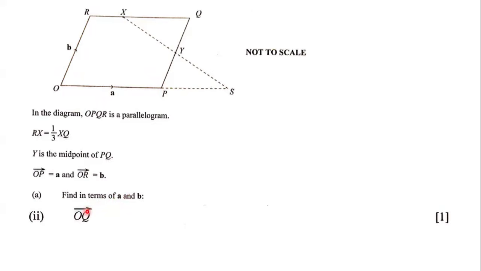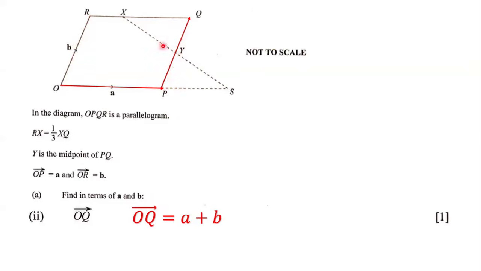Well, OQ means that we start at O and we end at Q. So that means that we're going to go from O to P and then from P to Q. Now, that gives us OQ is equal to A plus B, because from O to P, that's A. And then from P to Q, that's B. The reason why it's B is because this side and this side of a parallelogram are parallel to each other.